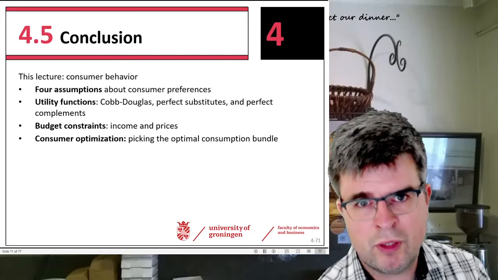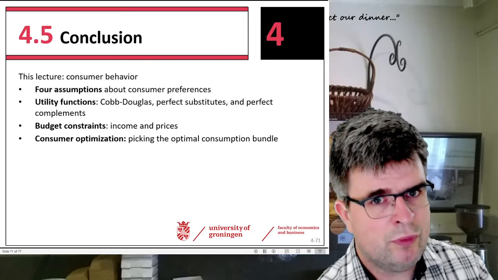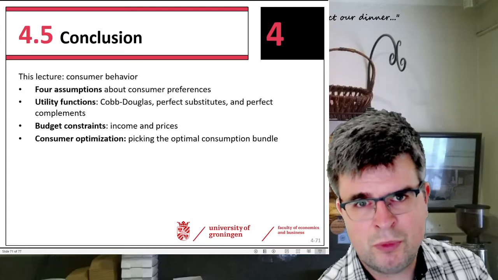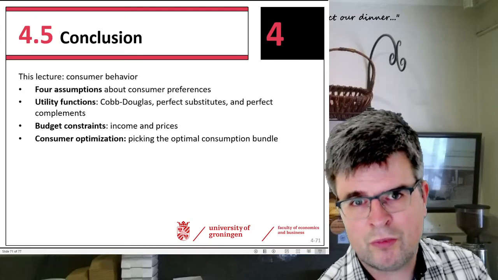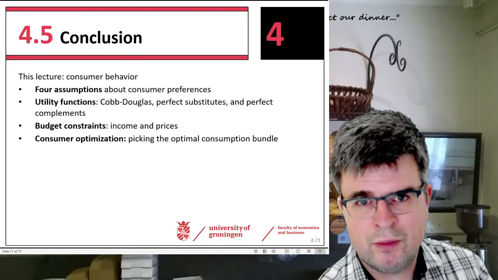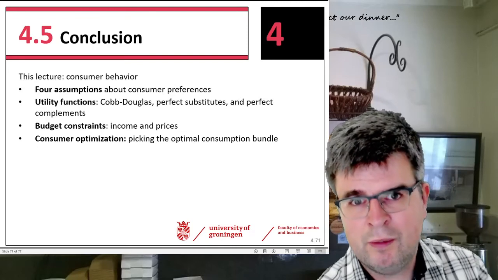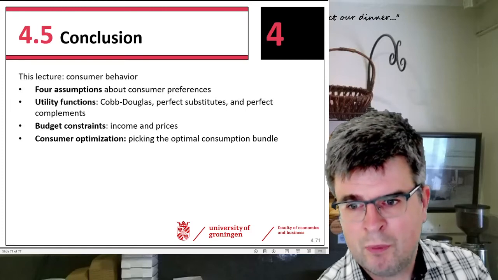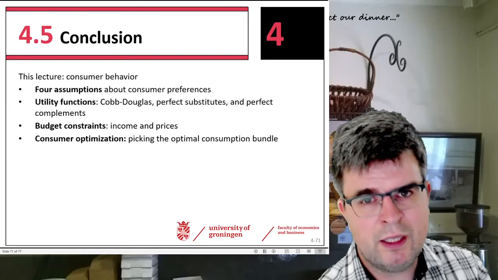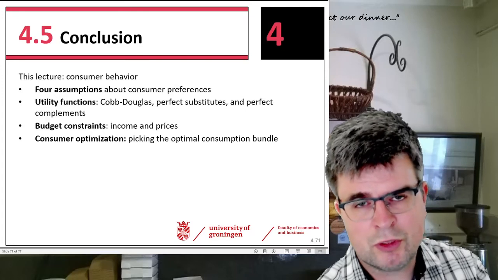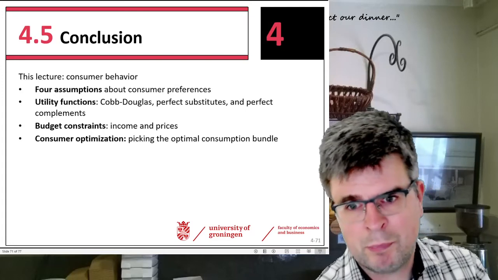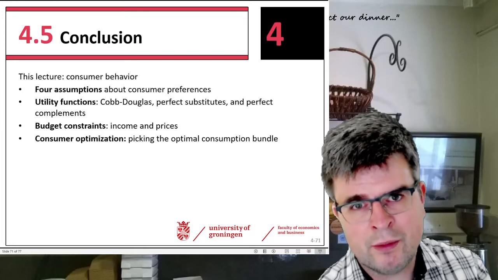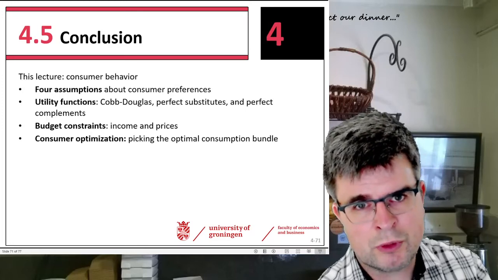And then in the remainder of the lecture, dealing with utility functions, we found out that it's very handy because with utility functions you can do a lot of things, and they bring you to solving the consumer optimization problem. We brought in budget constraints. We looked at what happens to the budget constraints if you change income or the prices of the two goods. And then in the end, it all culminated in solving the consumer's optimization problem.